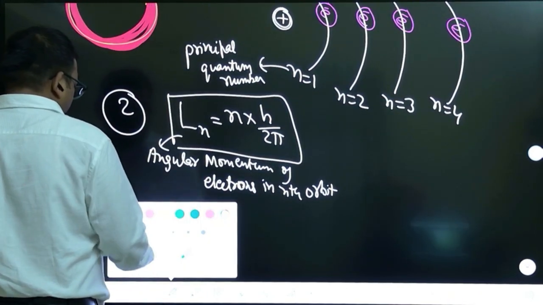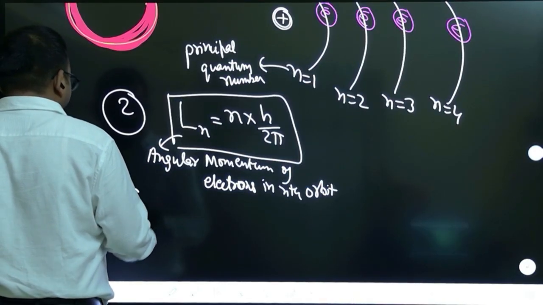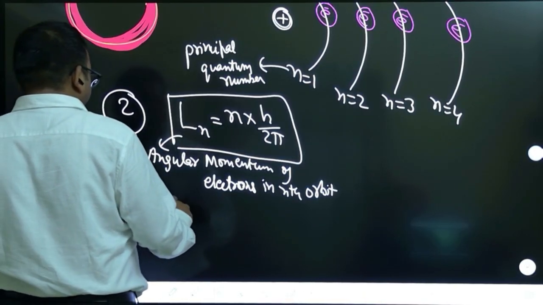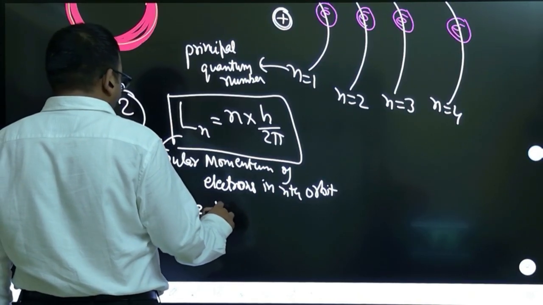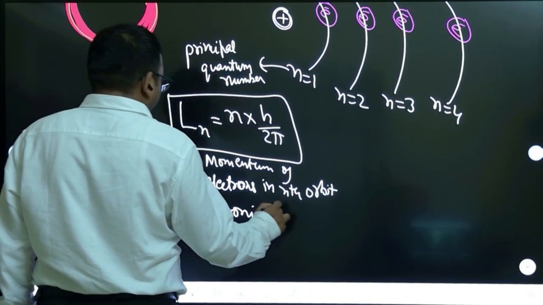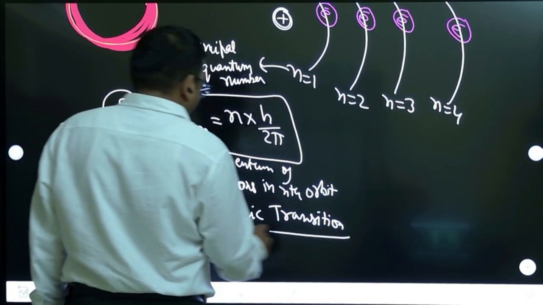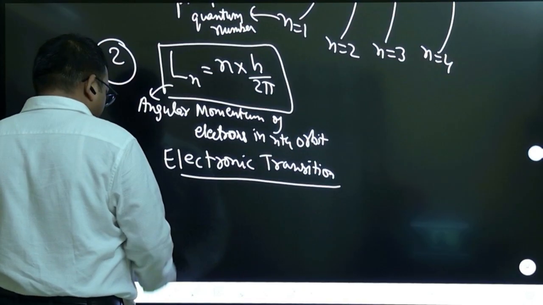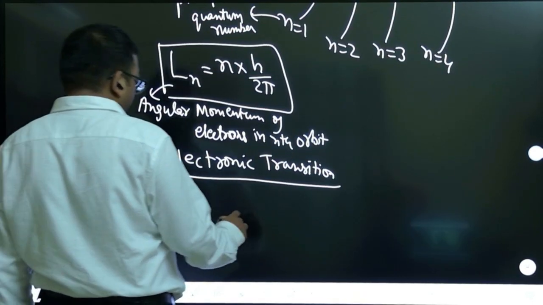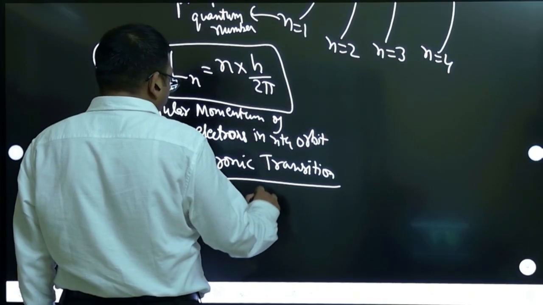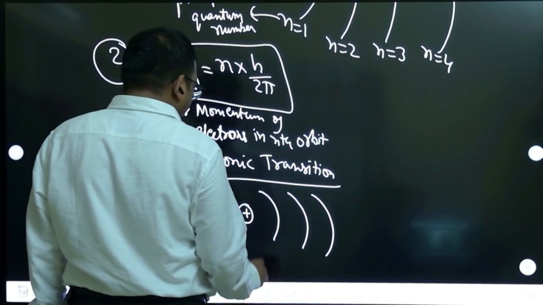Then the third point is electronic transition, which explains the atomic spectra. Electrons can jump from one level to a higher level. Suppose this is the atom and these are energy levels.